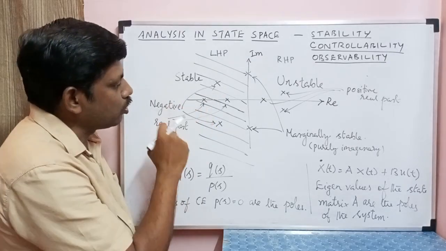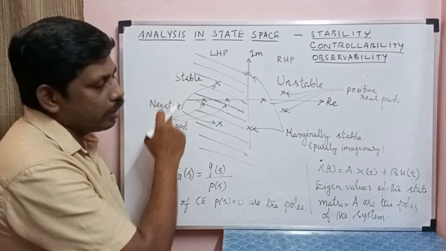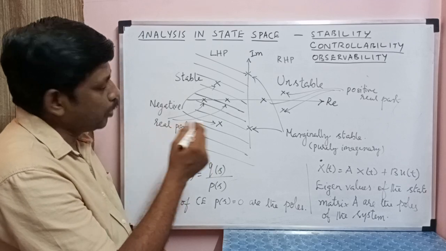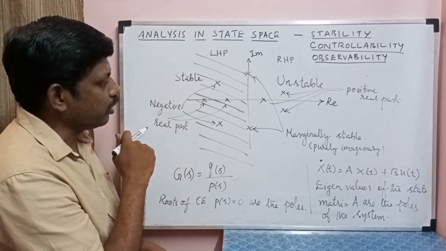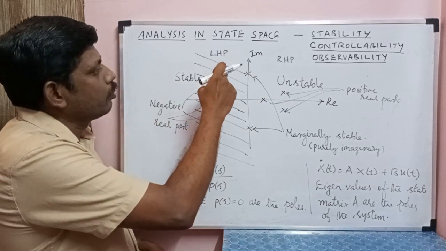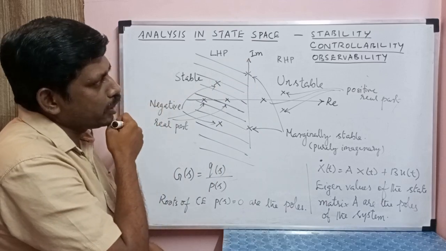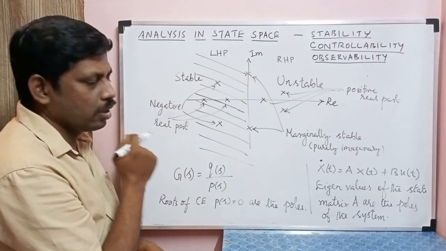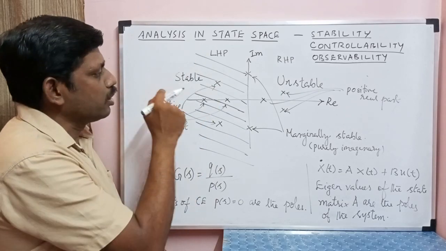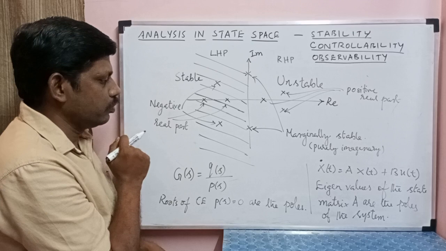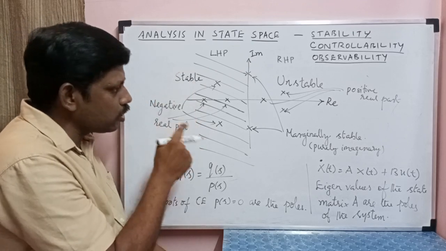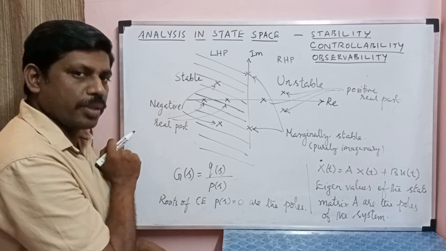If I plot them in the complex plane, I get this pole-zero plot, and by looking at this pole-zero plot, I can say whether the system is stable or not. This is the left half plane and this is the right half plane. If all my poles are falling on the left half plane, then my system is stable. To fall on the left half plane, all these poles should have a negative real part.